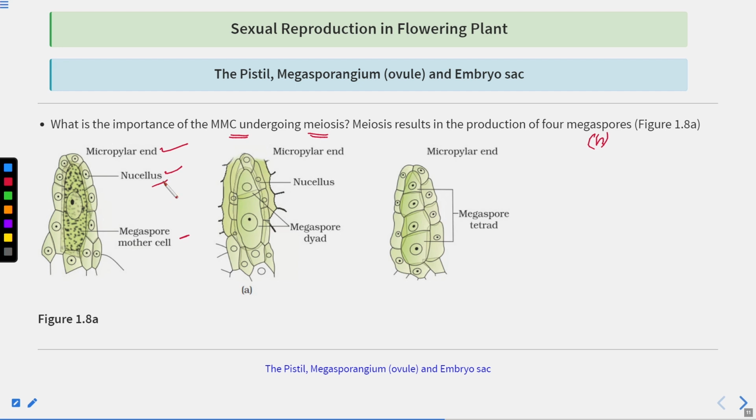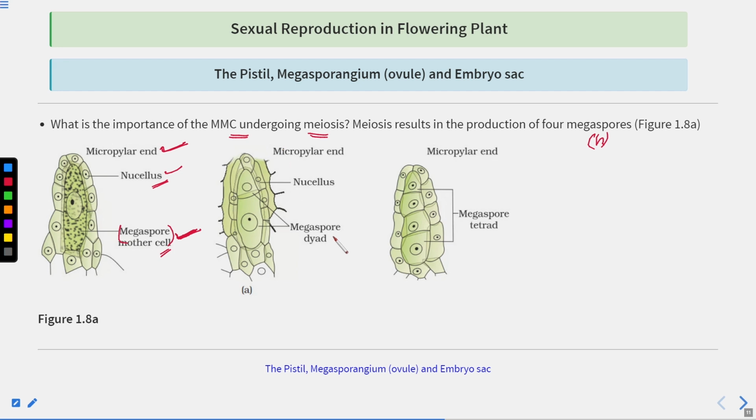You can see this is the nucellus, and the megaspore mother cell has been formed. It has dense cytoplasm, and the nucleus is also present. This is the megaspore mother cell formed at the micropylar end. Then there is meiosis in this megaspore mother cell.